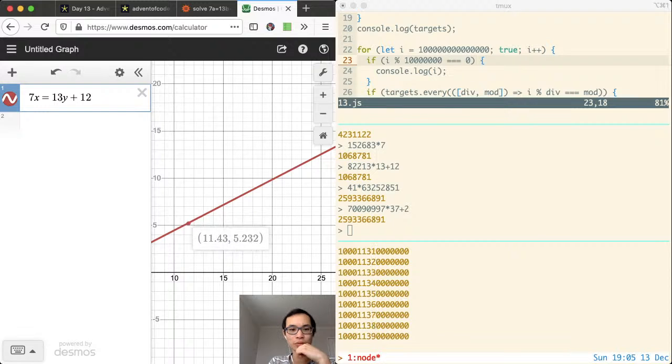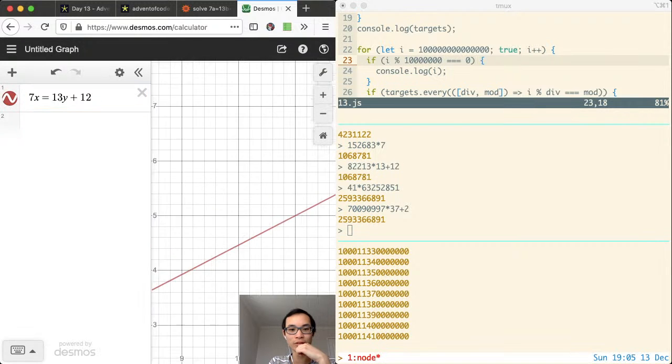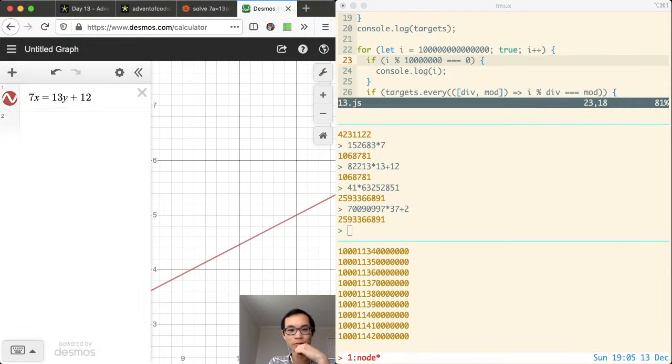Right, so there should be an integer solution at 11 and 5, right? Yeah, there is an integer solution at 11 and 5 right here. And that's what we're trying to find, the first integer solution.